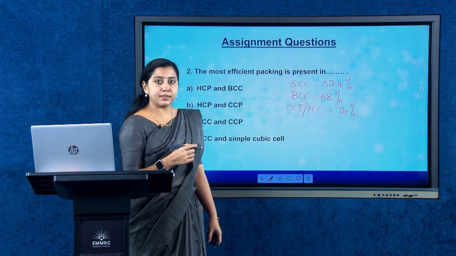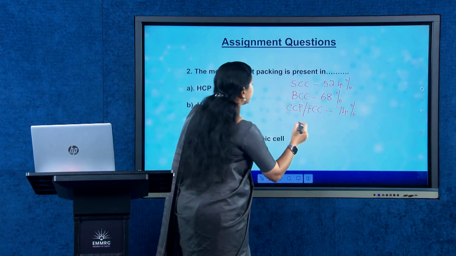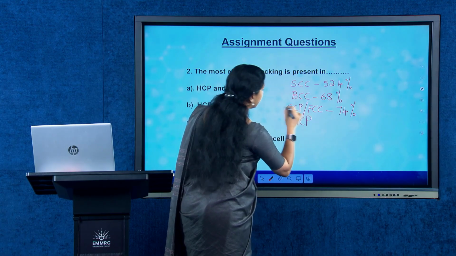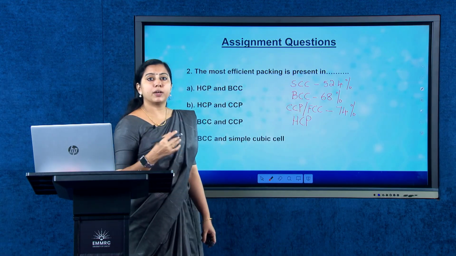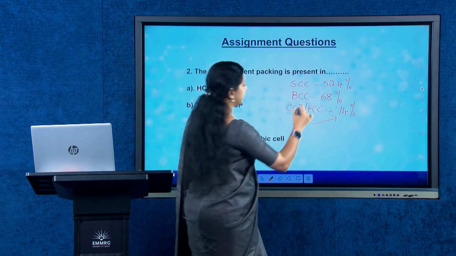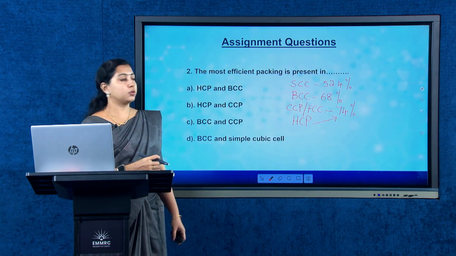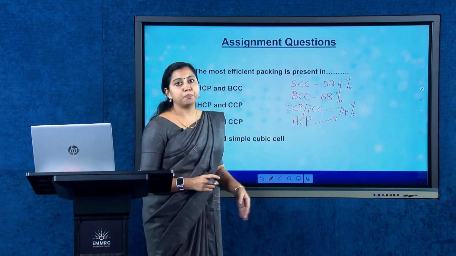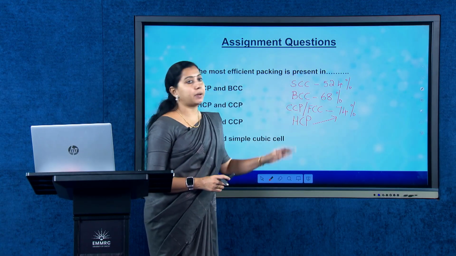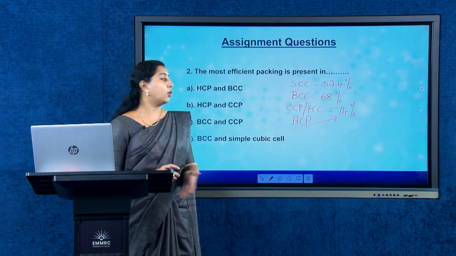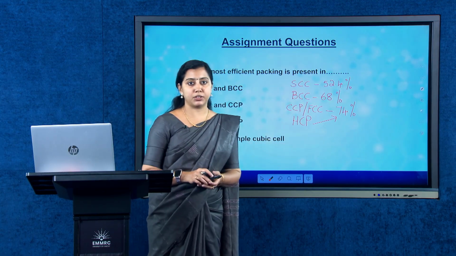Along with CCP, we have another close type packing called HCP, that is hexagonal close packing. The packing efficiency of hexagonal close packing is also equal to 74%. Okay. So, among these we can see that hexagonal close packing as well as cubic close packing has the highest packing efficiency of 74%.